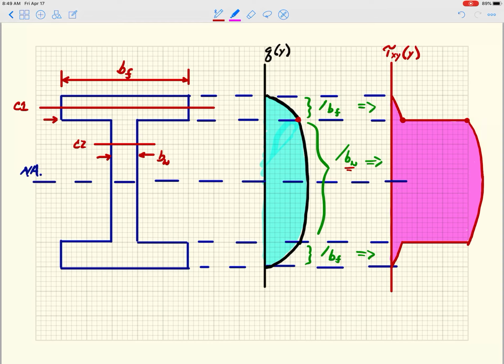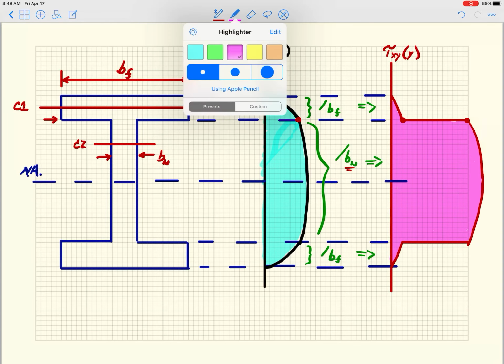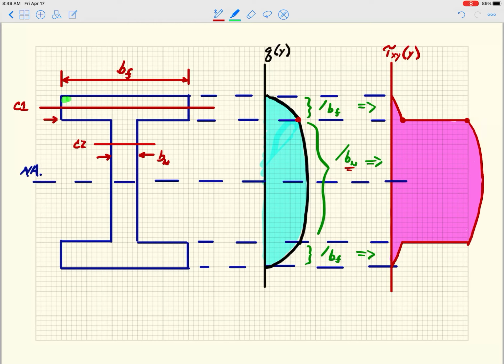So these are the diagrams that conceptually I want you to understand, how to draw and how to explain them. So let me try to conceptually explain what is happening here. In the flange location, so this location here, you can see that as I start moving down towards the neutral axis, my area is increasing significantly.